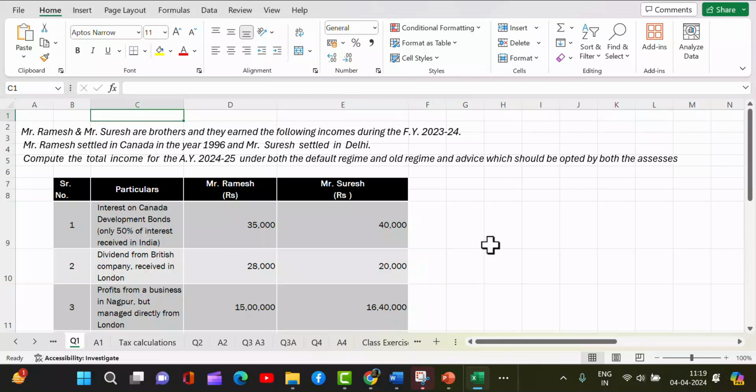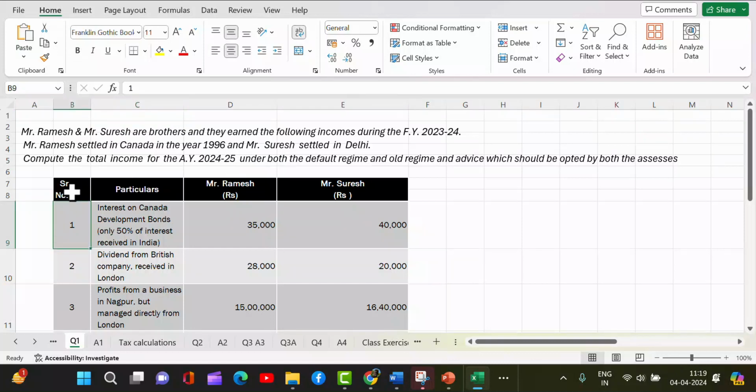So we are presuming that Mr. Suresh is a resident and Mr. Ramesh is a non-resident. Is that clear? Now, we have to calculate the income under both the schemes, the default regime as well as the old regime, and then advise what option he should go for. I'm going to discuss the default regime and old regime, so we are going to cover that again.